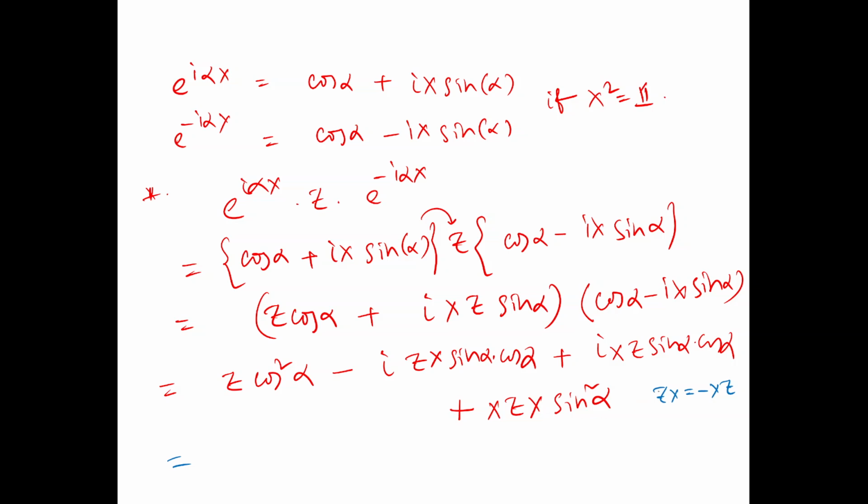So you can write xzx as minus x square z. So this xx becomes x square, and x square is 1. So this is minus z, right? So we have z cos square alpha minus z sin square alpha.